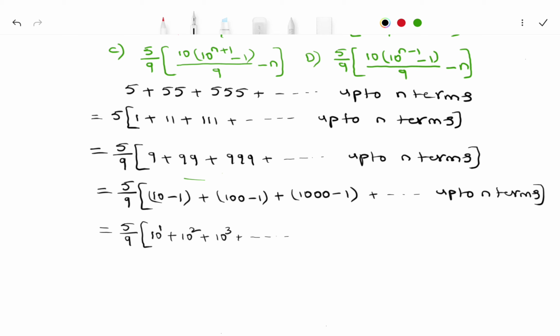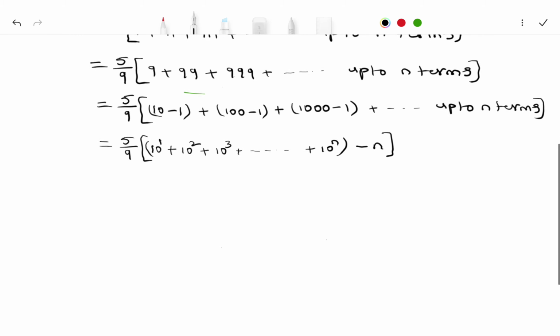How many terms will be there? n terms will be there. So it will be 10 to the power of n. So this is the first part. Next, minus 1, how many times will it come? n times. So that is minus n.